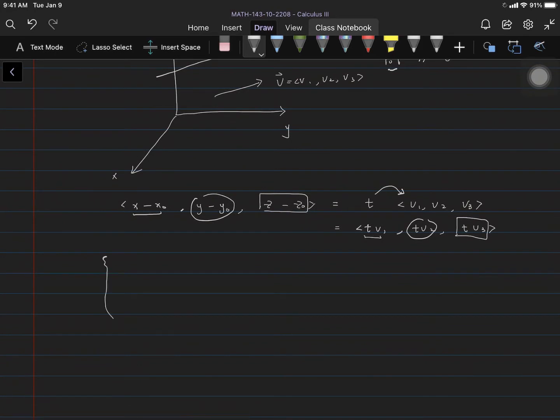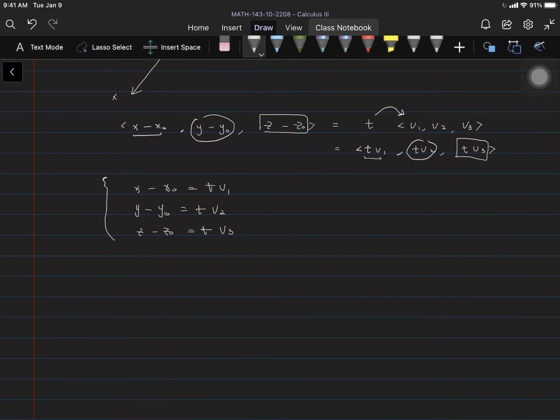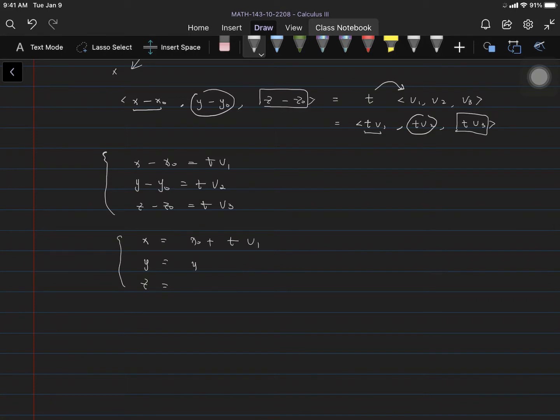Here x, y, z is the unknown because we're looking for the line, and x, y, z can be any point on the line. So we want to write this as equations of x, y, z. Solving them, x equals x naught plus tv1, y equals y naught plus tv2, z equals z naught plus tv3.